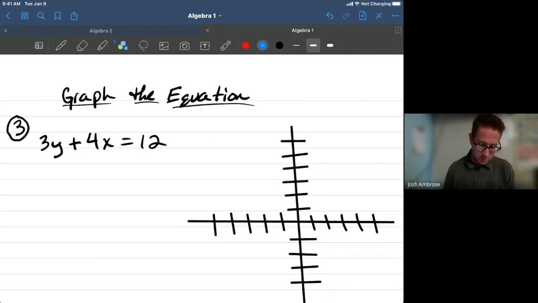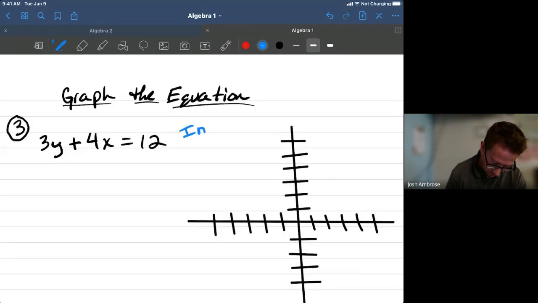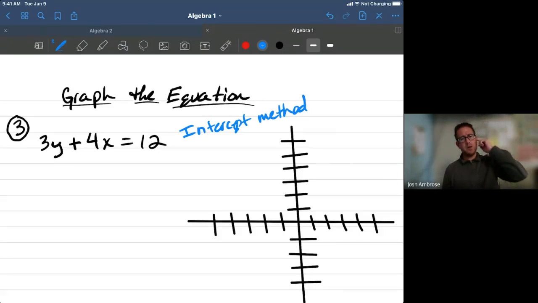So what we're going to use in this situation is the intercept method. So we're going to calculate what is the y-intercept, what is the x-intercept, and how do we do that?